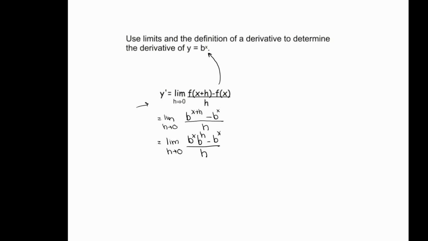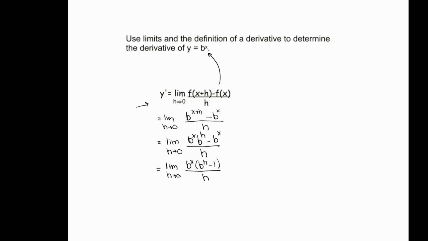Instead of adding the exponents, we are going to separate them out. The reason we do this is so that we can take a common factor. If we pull a common factor out, we end up with the limit as h approaches 0 of b to the x times b to the h minus 1 all over h.